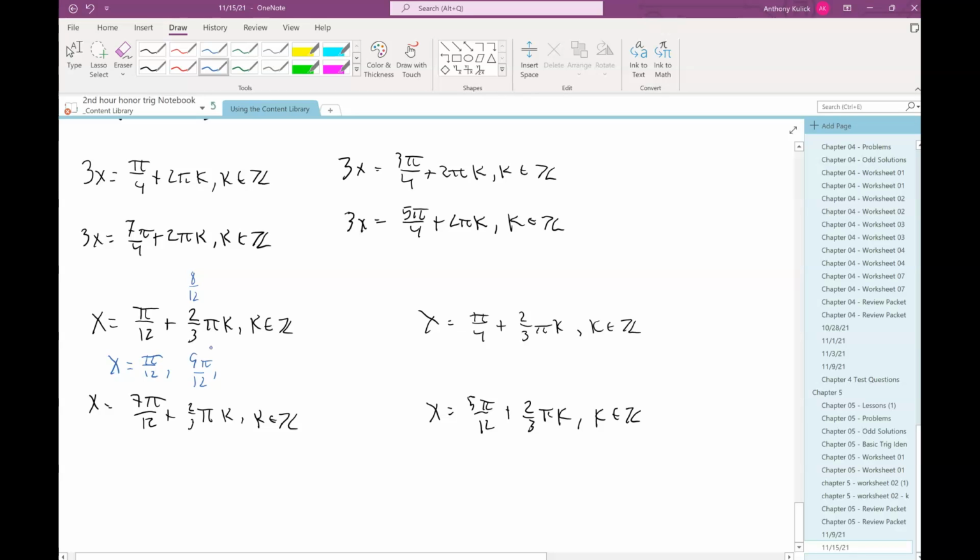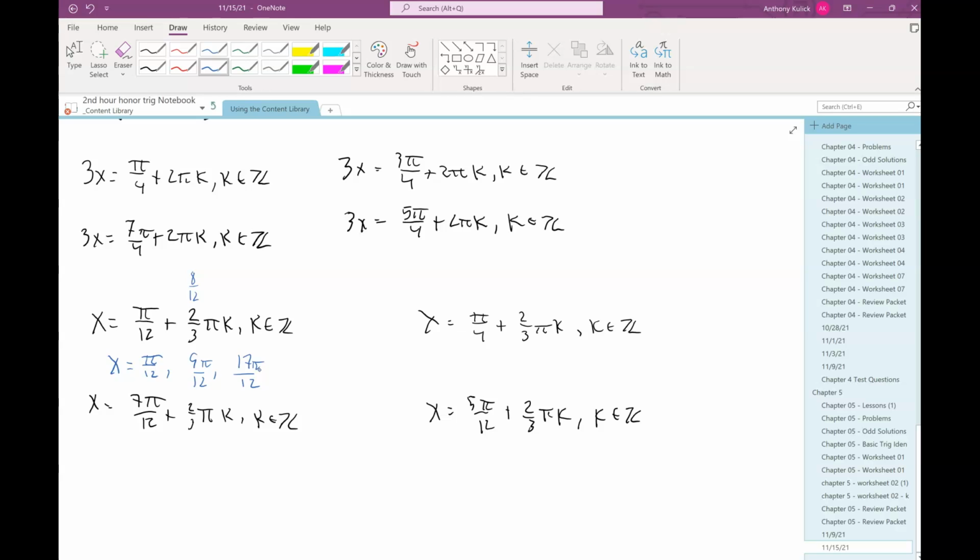I can reduce that, but I'm going to leave it not reduced for now because it'll be easier later to see what's going on. That's in between, still less than 2 pi. Add another 8/12 pi. That's still good, still less than 2 pi. If I add another, though, it's too big. Everybody agree? One more is going to be 25 pi over 12, which is bigger than 2 pi.